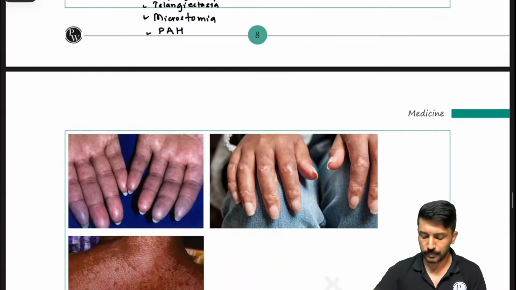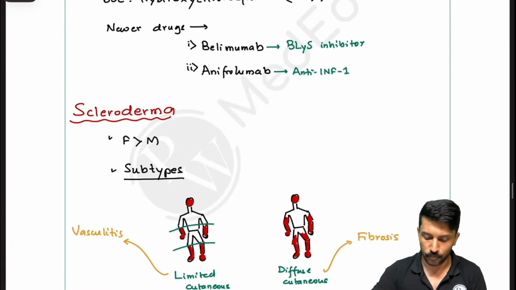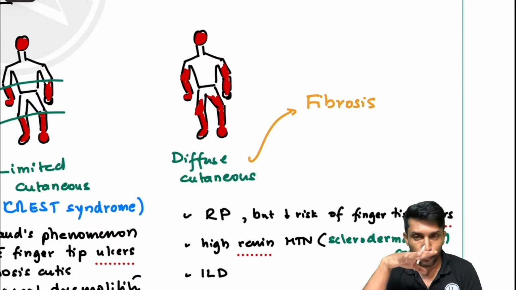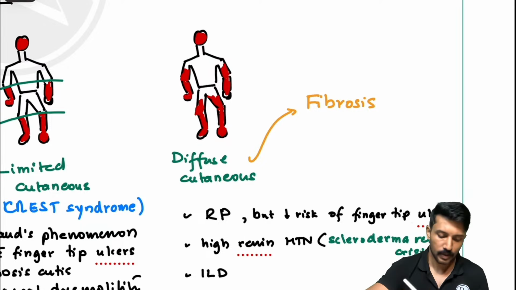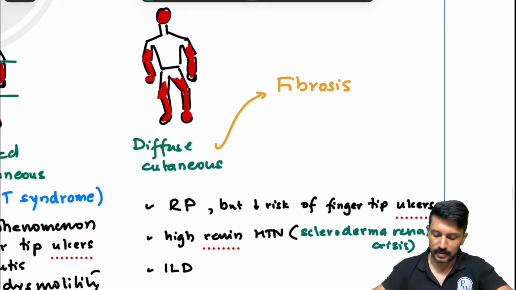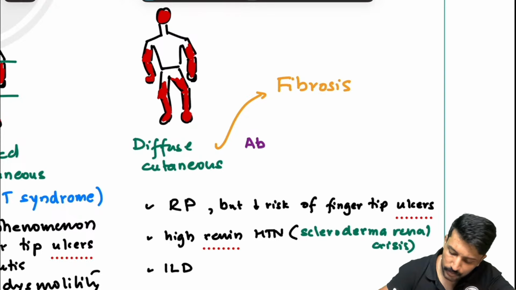Okay, now before I take you forward on this, should I wait for the full extent of skin involvement to manifest before I label it as diffuse cutaneous or limited? No, antibody profiling helps. So patients with diffuse cutaneous have an antibody. What is the antibody of diffuse cutaneous?